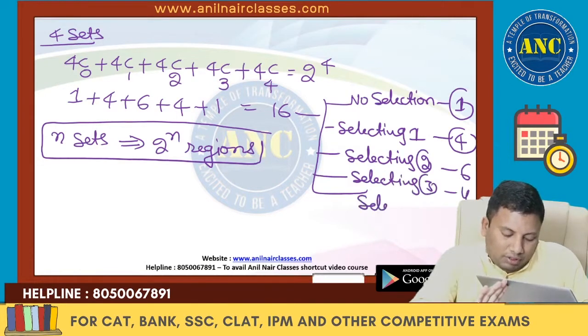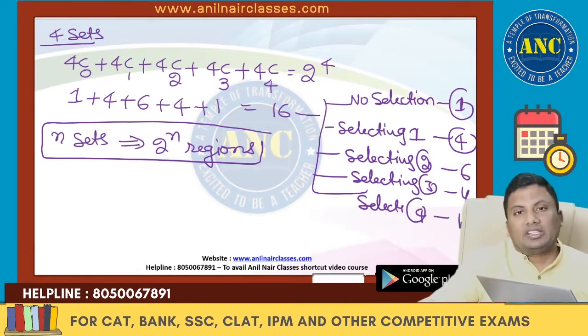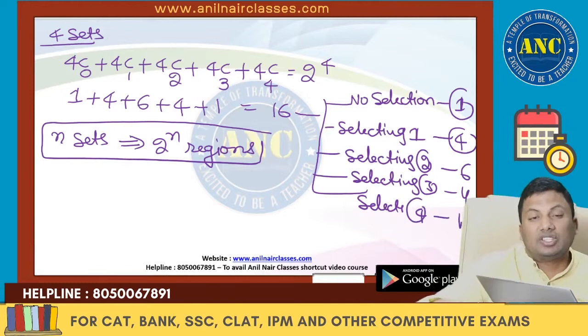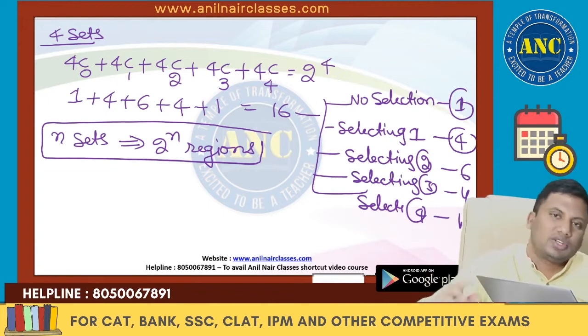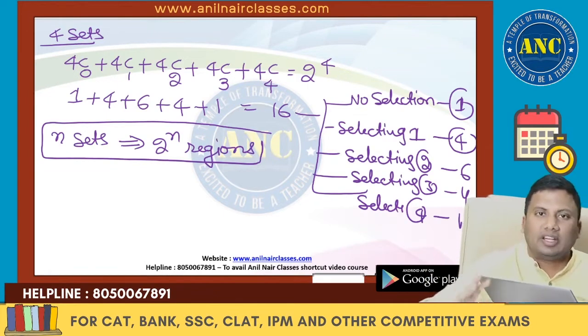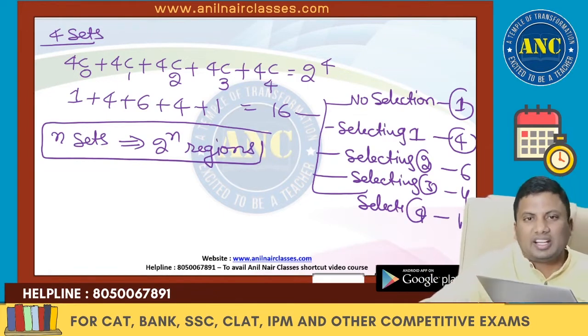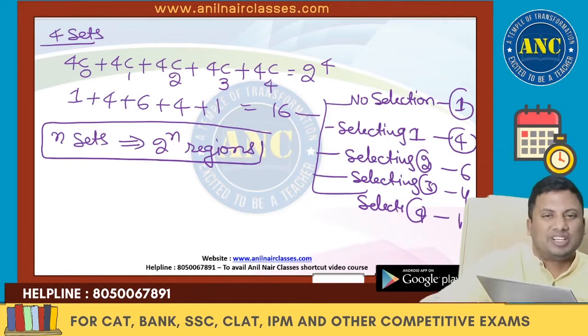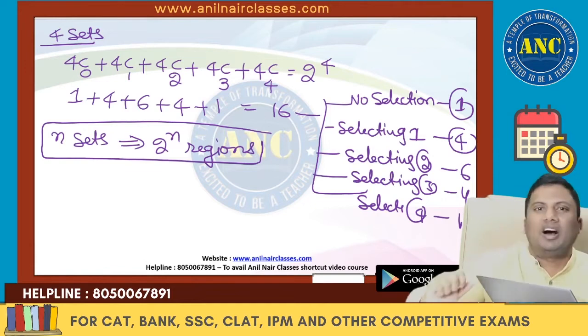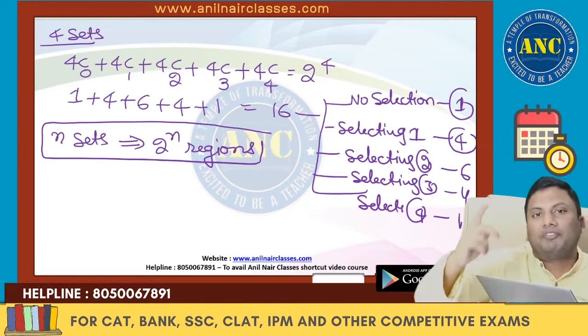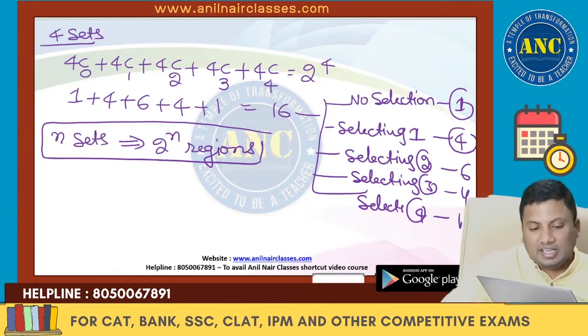Selecting 4, there will be 1 region. I hope it is clear. Only if you know this, then you will start solving 5 sets, 6 sets also. Otherwise, you will stop at 3 sets and think that this is only set theory. The kind of questions have changed, and the complexity of asking a question beyond a formula has increased tremendously.